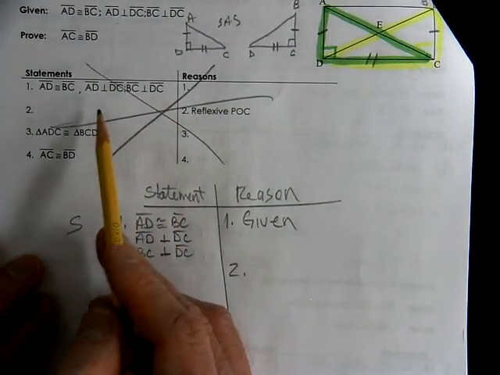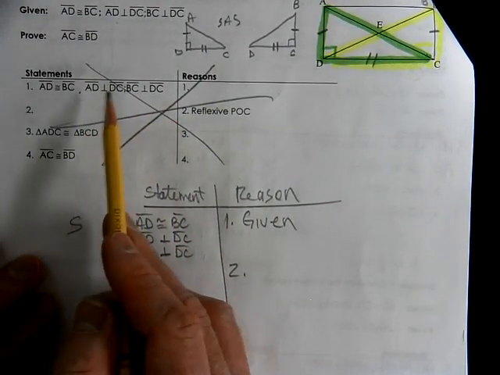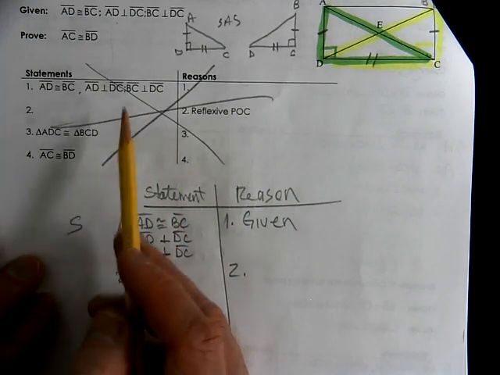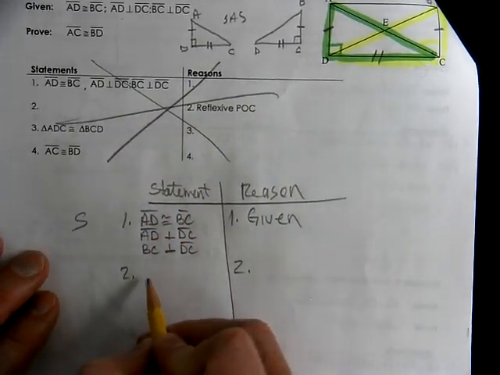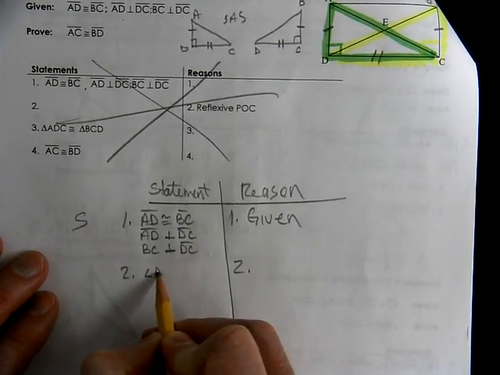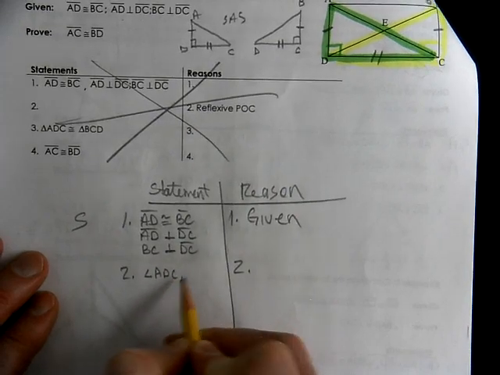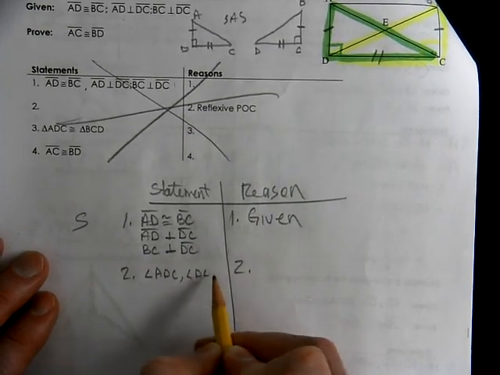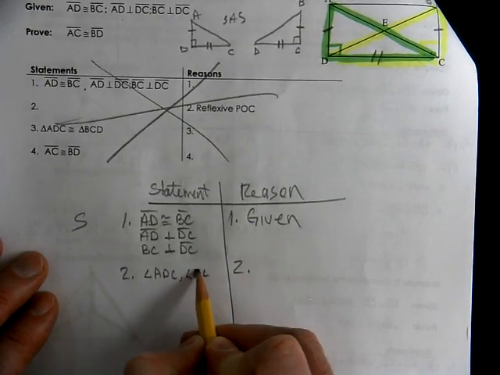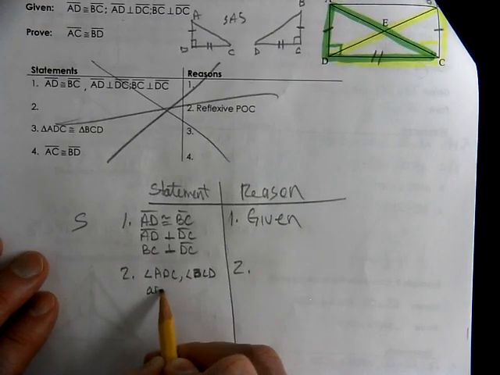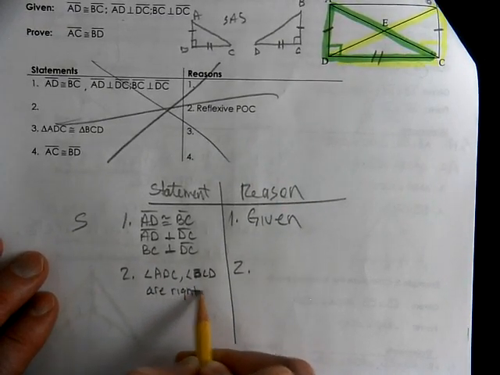That's what our proof wasn't allowing us to talk about. It didn't allow us to talk about the perpendiculars at all. We needed to talk more about the perpendiculars. So I know that angle ADC and angle BCD are right angles.